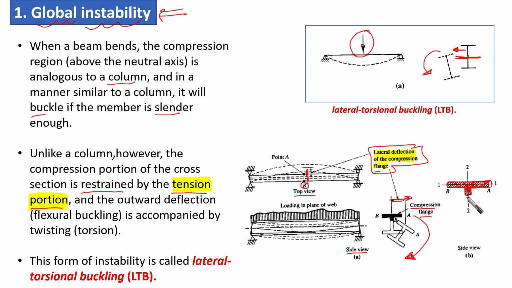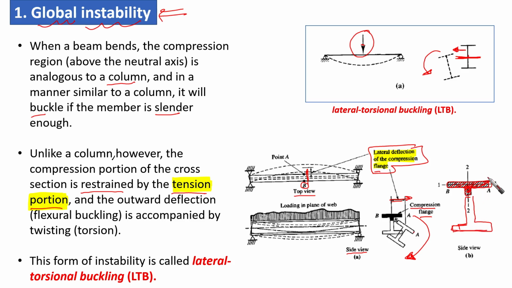So the remaining part of the cross section is under tension. It starts to restrain this part from going laterally. And the outward deflection, which is the flexural buckling, is accompanied by twisting torsion motion.